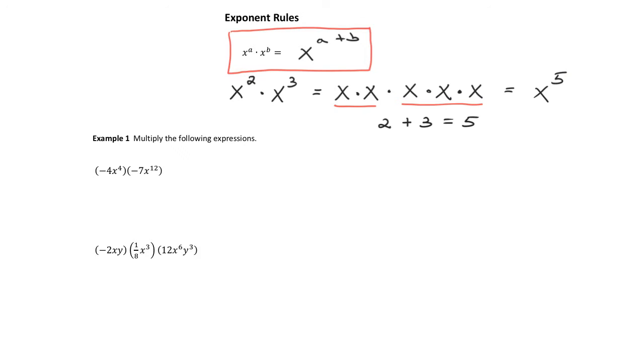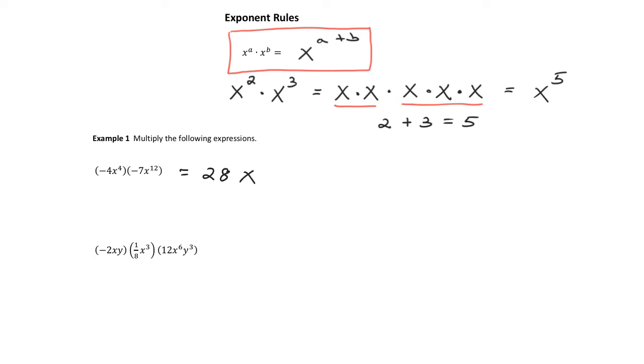So I'd like to try this rule in example 1. Let's start by multiplying negative 4 times x to the 4th times negative 7 x to the 12th. For any expression like this, I would start by multiplying the numbers together. So this negative 4 times a negative 7. That's got to be a positive number, positive 28.